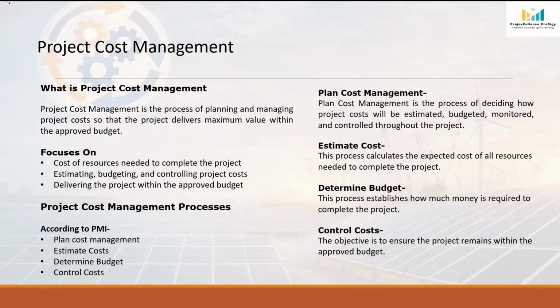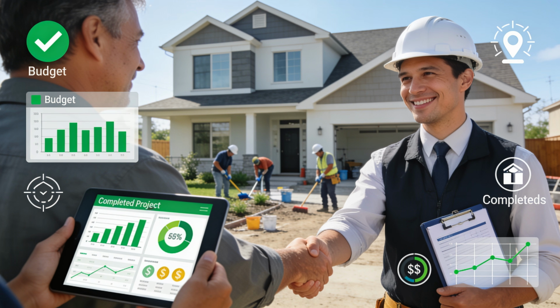Third, it focuses on delivering the project within the approved budget. Finally, your goal is to complete the house within the approved budget of $300,000 while maintaining the required quality and completing all the planned work. If the house is completed successfully without exceeding the budget, then your project cost management has been effective.